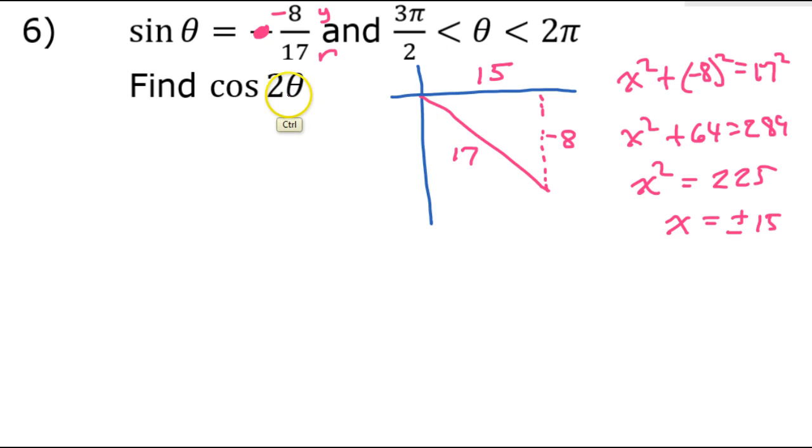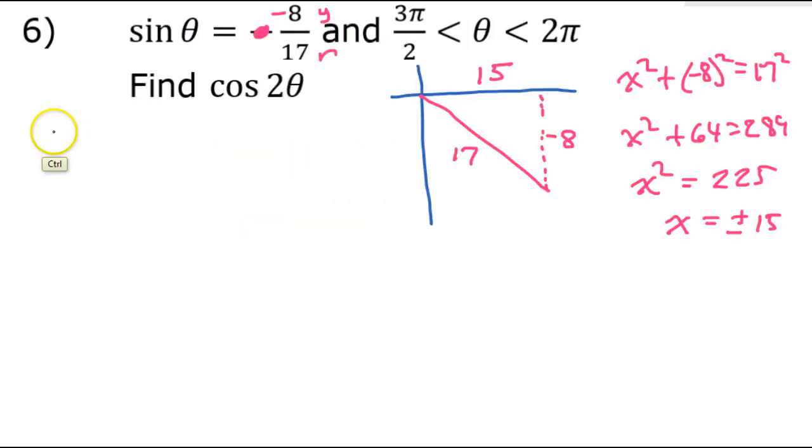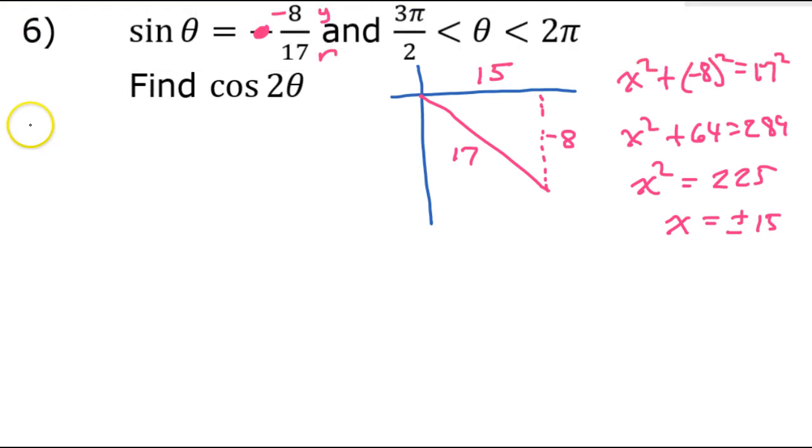Now, the cosine of 2 theta, there are 3 formulas for the cosine of 2 theta. Boom, boom, and boom. For right now, I'm just going to use the first one. Cosine squared minus sine squared. Okay, so this is going to be cosine squared theta minus sine squared theta.